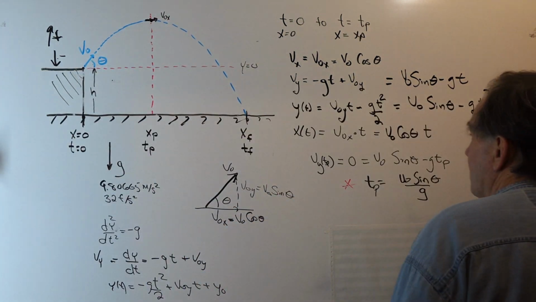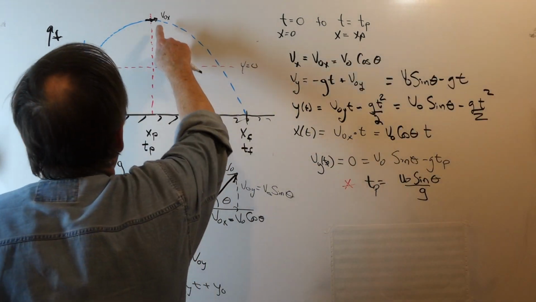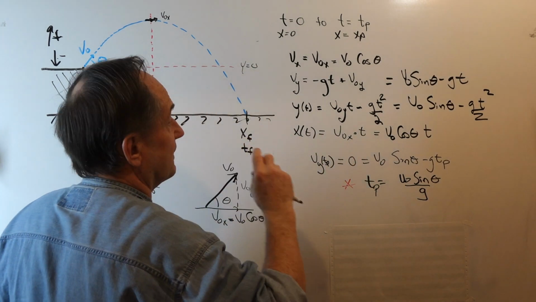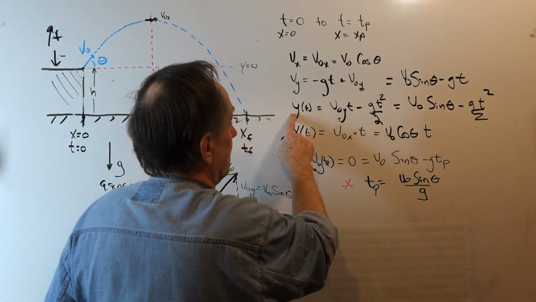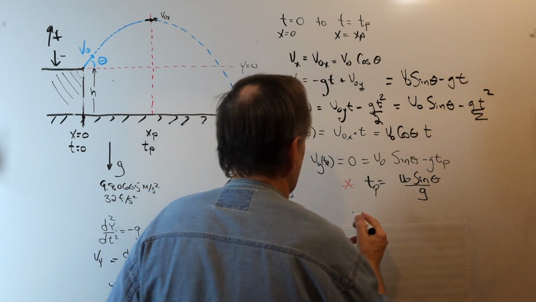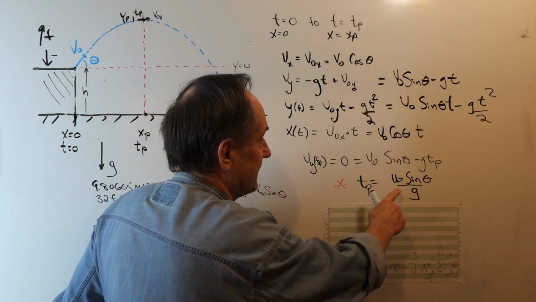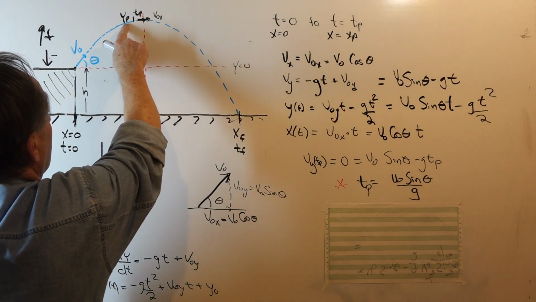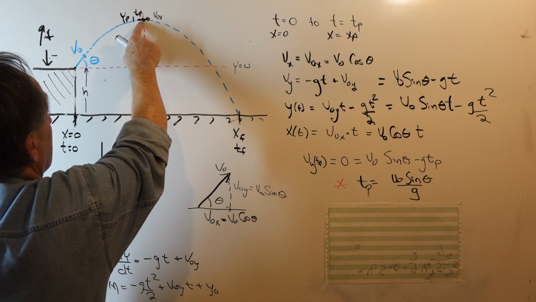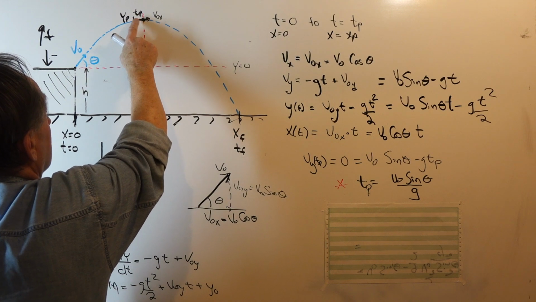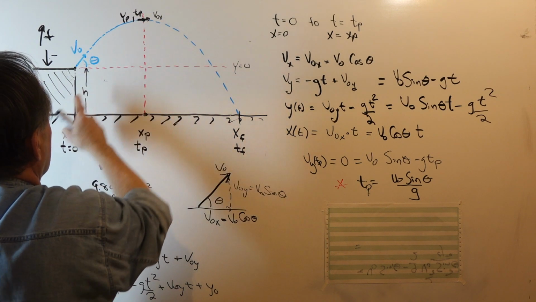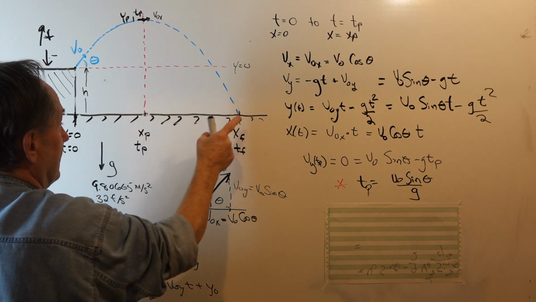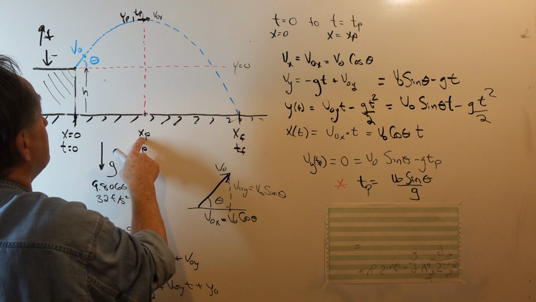Now, what about how high does it reach? Well, once we know the time that it takes to get to the peak, we can now put it in this equation to solve for y. At the peak of its flight, it reaches a height of y peak, or yp, and it has advanced along the x direction a distance x peak.